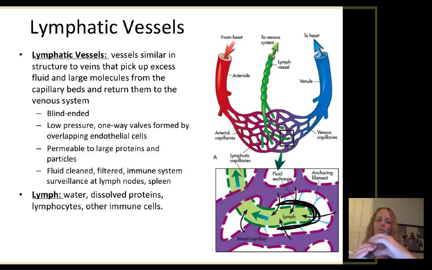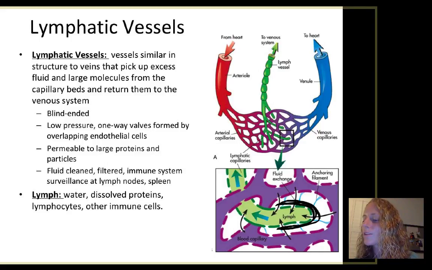So the fluid and the molecules will enter the lymphatic vessels and be pushed back up towards the heart. There's no pump in the lymphatic vessels, so they rely on skeletal muscle action to be pushing the lymph back towards the heart.